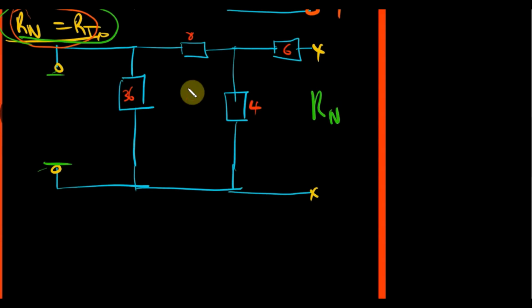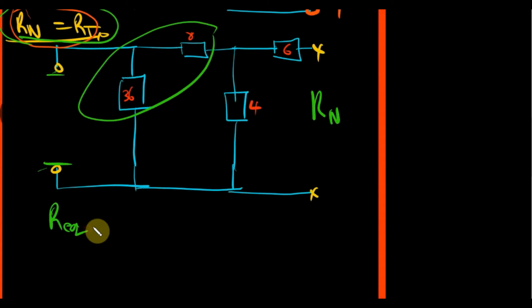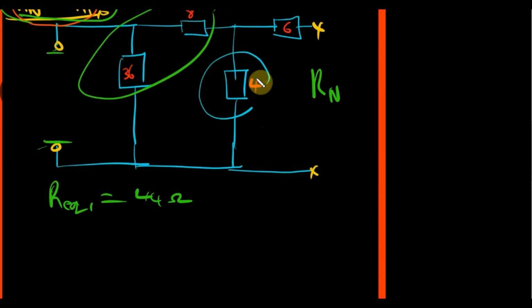So to do that, these two and these two right away are in series, so you can add them. R equivalent 1 is equal to 36 plus 8, that's 44 ohms. 44 ohms is in parallel with the 4 ohm resistor. So R equivalent 2 is 1 over 44 plus 1 over 4.